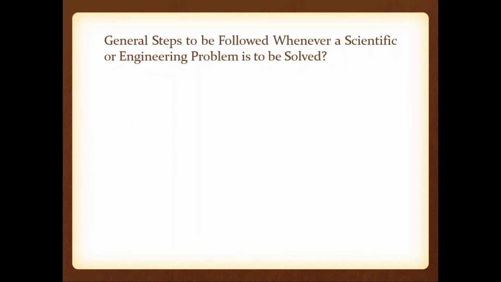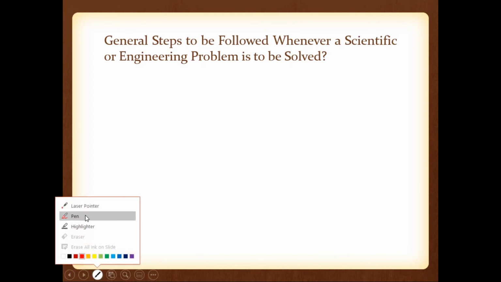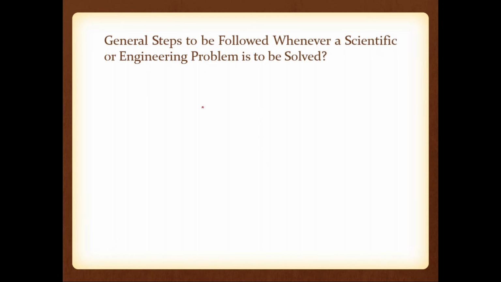So what are the general steps to be followed whenever a scientific or engineering problem is to be solved? To explain this, we need to pick some example here. So, consider we have a road like this one. Okay, so this is a road surrounded by a wall.